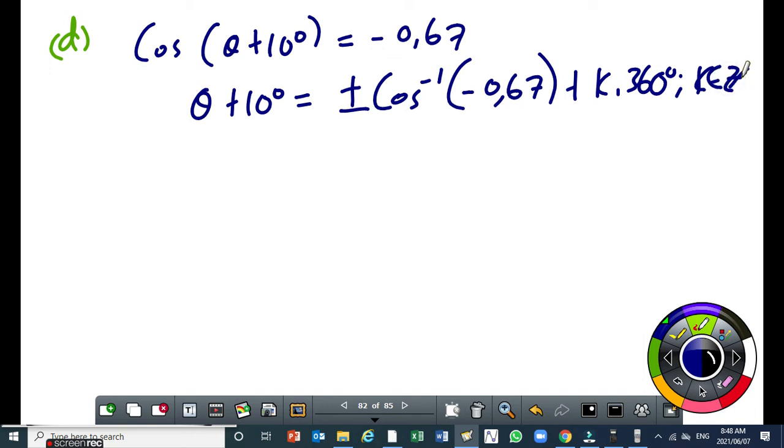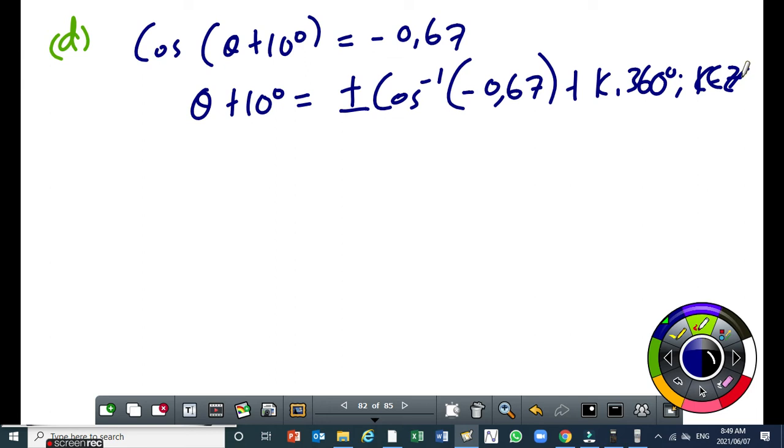Again, I want to warn you, the general solutions are not provided on the formula sheet. So we have to memorize them.